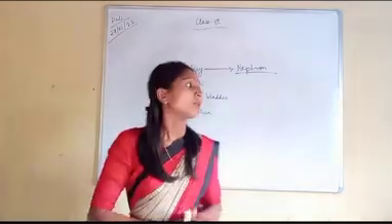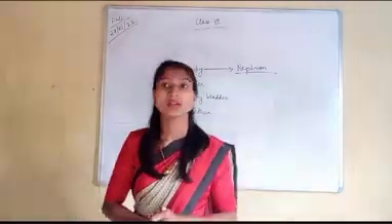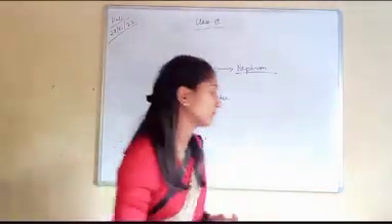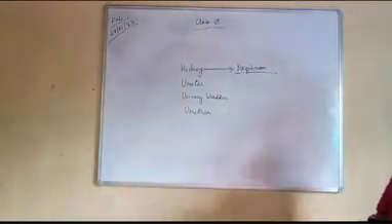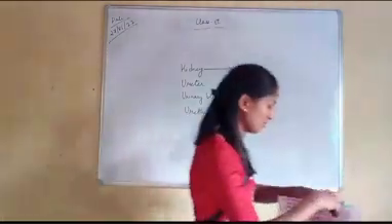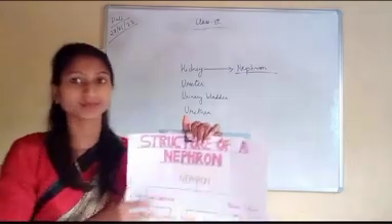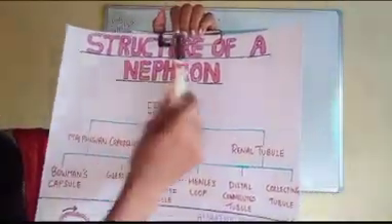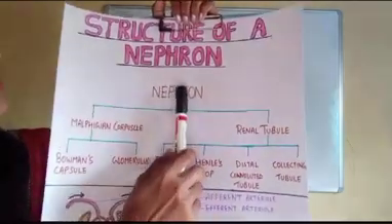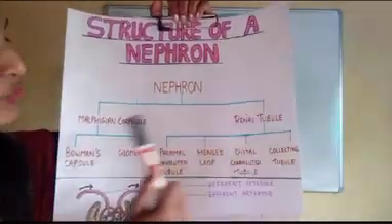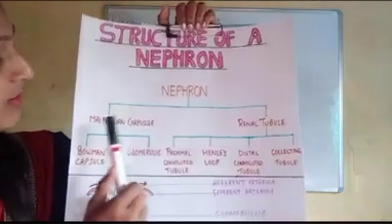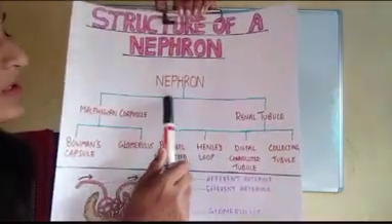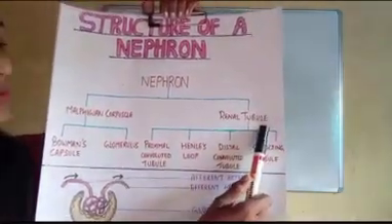So we will see the structure of a nephron. Here you can see the structure of a nephron. Nephron is divided into two parts: Malpighian corpuscle and renal tubule.